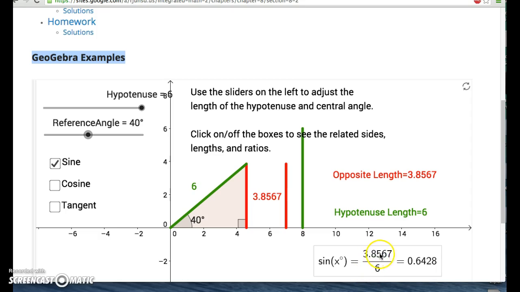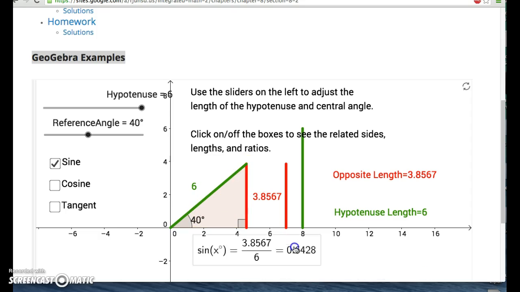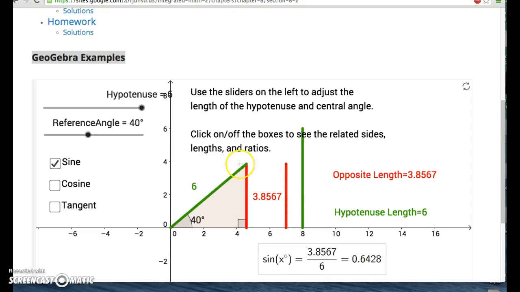So it's the proportion of the opposite divided by the hypotenuse. That gives you a percentage. So it would be 0.64, or you can say that's 64%. So the red, the opposite length of the 40-degree angle, is about 64% of the hypotenuse. So you want to really think about sines as being percentages.